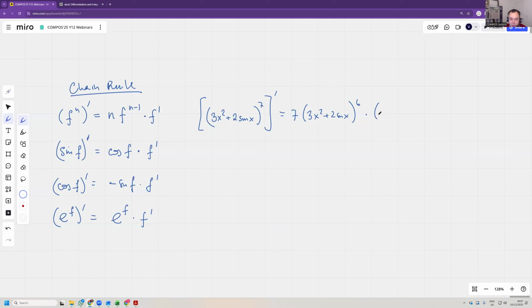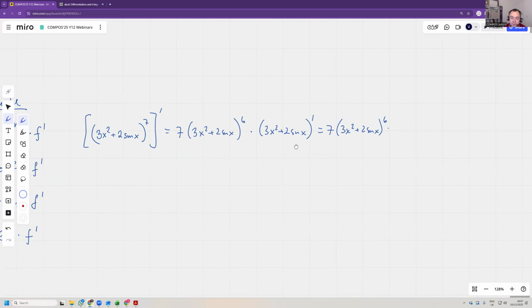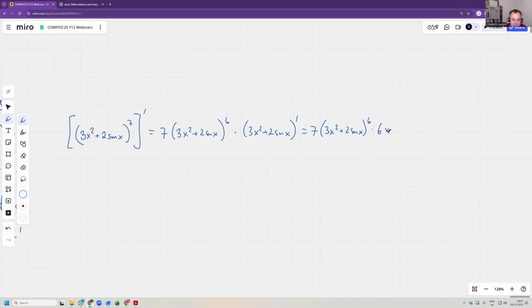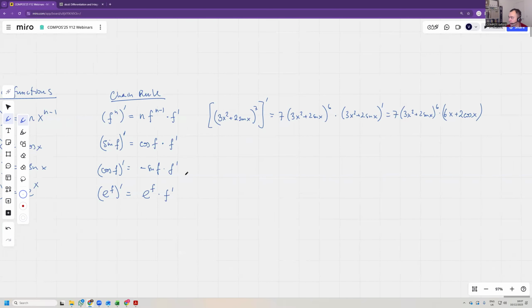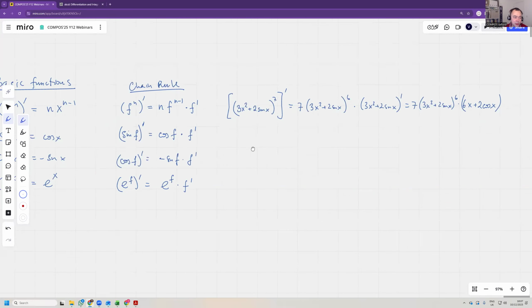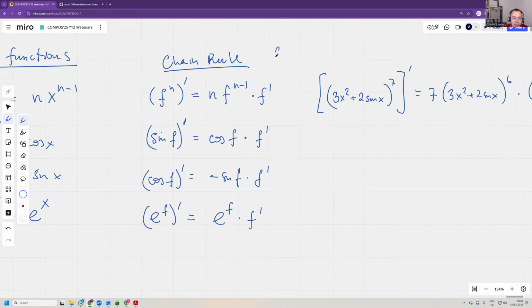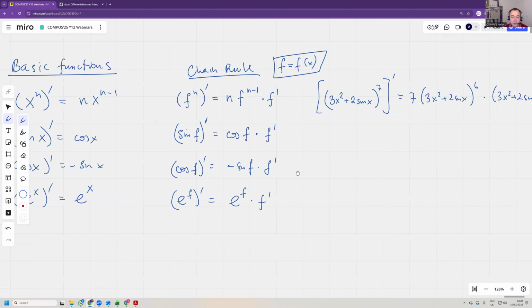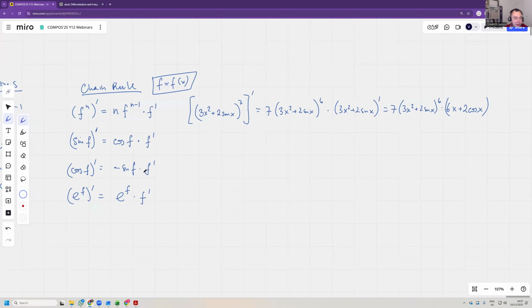So the derivative of 3x squared plus 2 sine x is 6x plus 2 cos x. Lovely, so that's how you use this rule. Yes, f stands for a function, where f is a function of x. It could be anything, and you can use that rule.